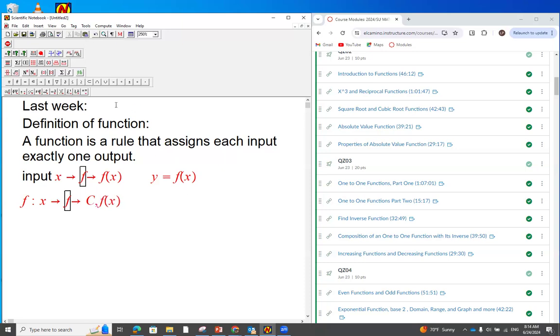The function is f of x equals constant. We studied that function last week. And what else rule have we learned? The next rule we have learned last week is that the input is x, the output is x. Output is the same as input. So f of x is the same as the input, right?